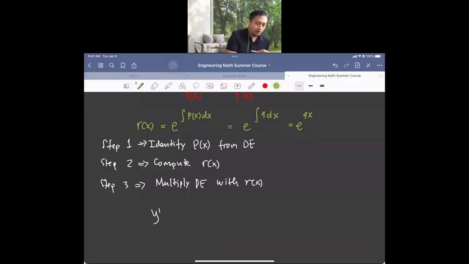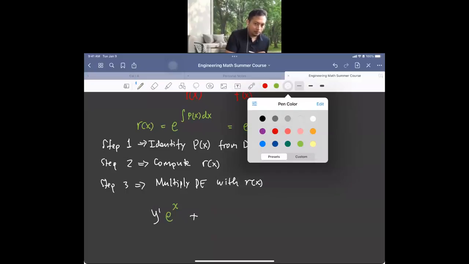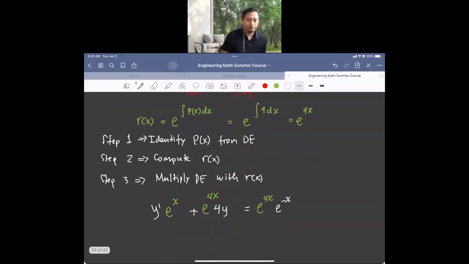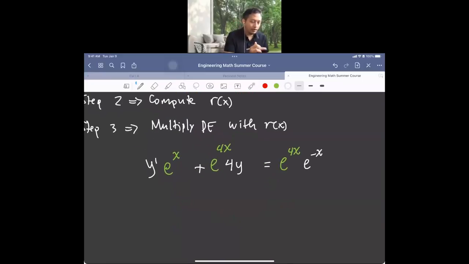So y prime multiplied with the integrating factor e to the power of 4x, plus 4y times e to the power of 4x, equals, multiplying again, e to the power of negative x times e to the 4x.